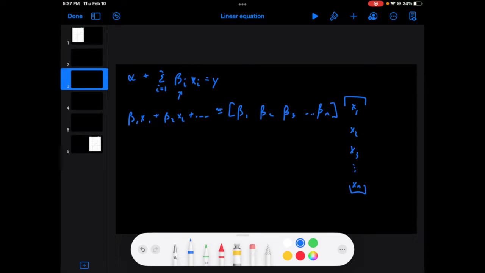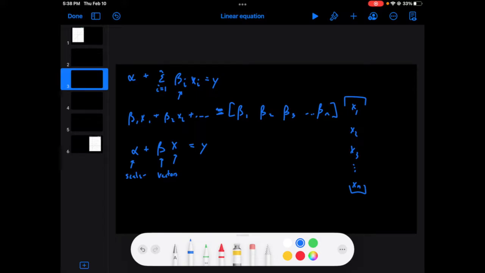These two are equal to each other. So in vector form, we could say alpha, this is just a scalar, all right, it's a single number, plus beta, which is a vector, times x, which is also a vector, is equal to y.